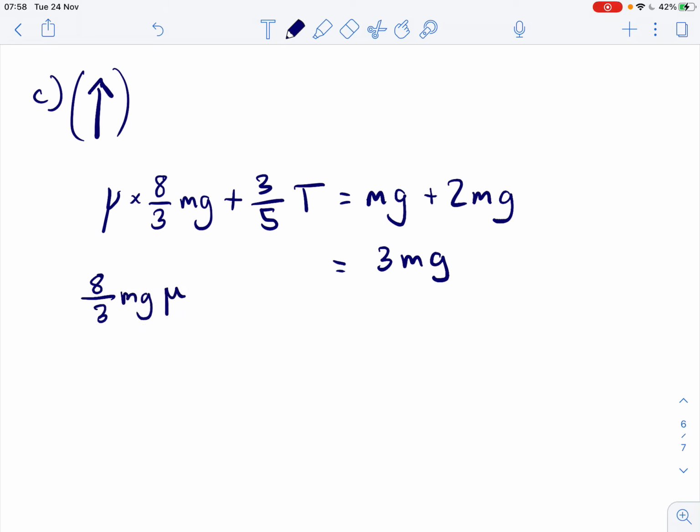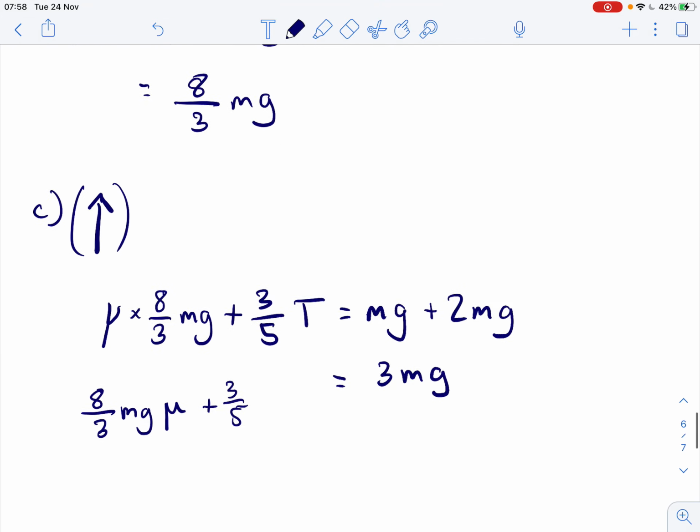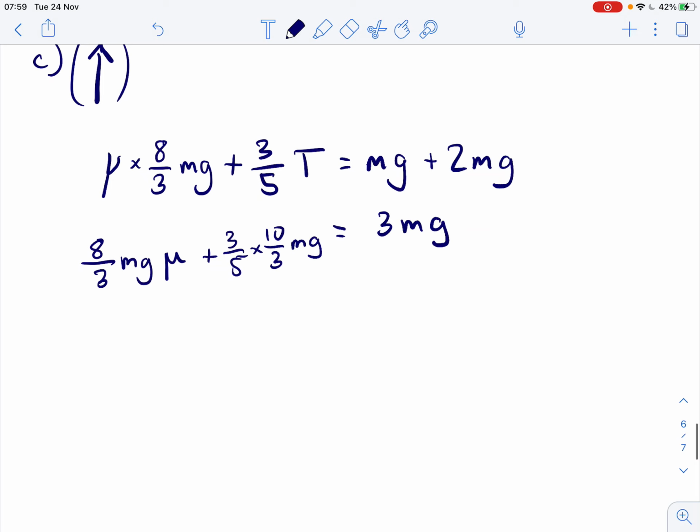Okay, let's simplify the left hand side as well, so I've got 8 over 3 mg mu. I'm just going to write it like that because mu is my unknown. Add 3/5 times T. Now remember, T was 10 over 3 mg. Here you can see this cancels quite nicely. The 3's cancel and the 10 and the 5 will cancel to give me just 2 mg plus the friction term equals 3 mg.